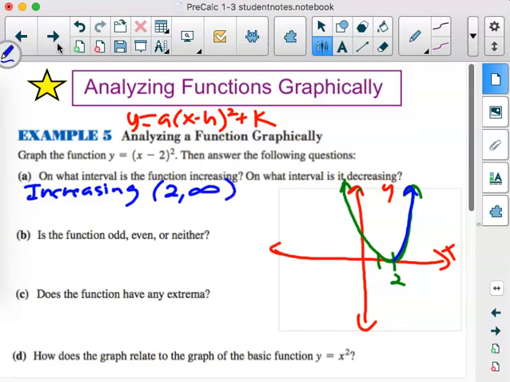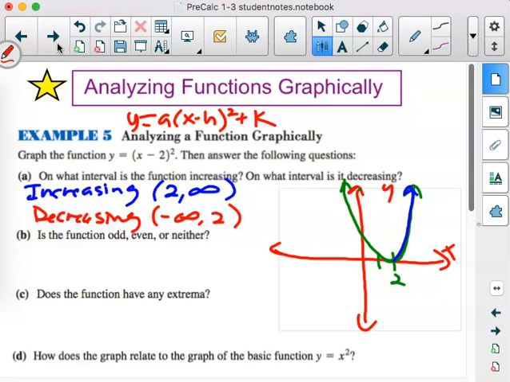And then they say, okay, now go back to decreasing. Well, that was the rest of the graph. So as we came in from the left, negative infinity to 2. So there's the increasing and decreasing, which would all be parts of the analysis.